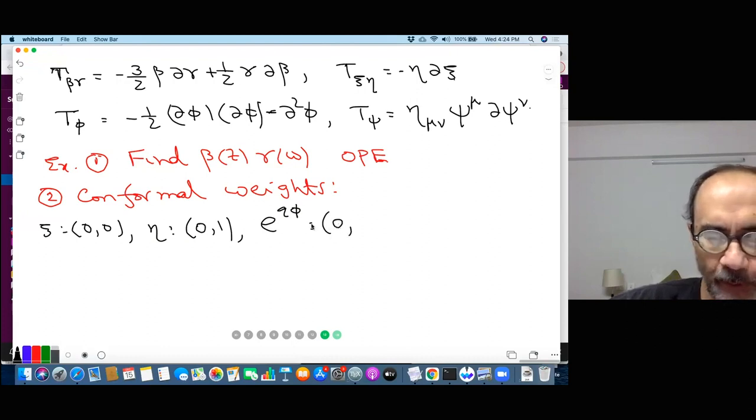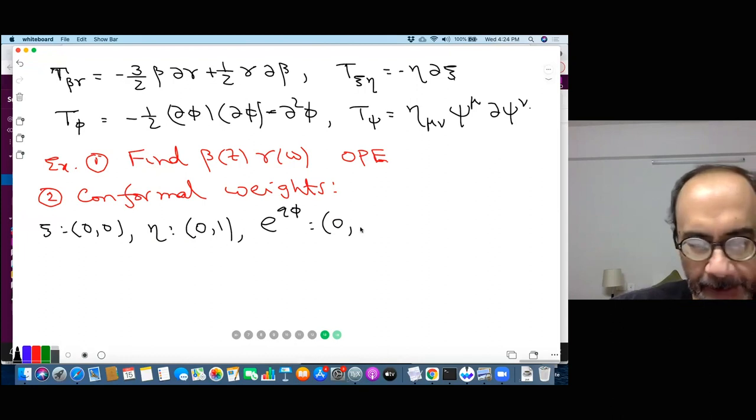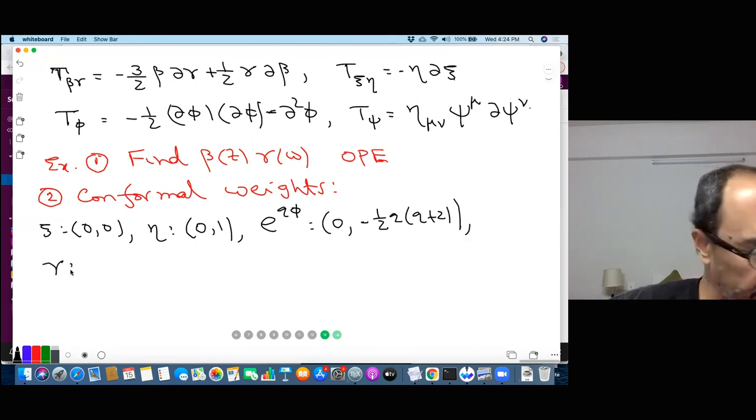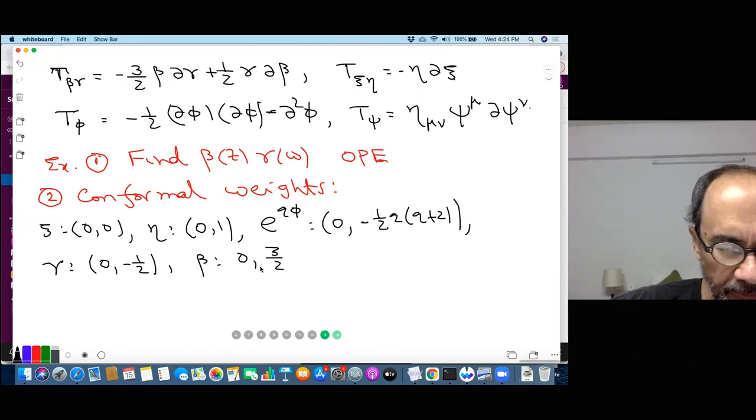The first one is always 0 because they are all holomorphic objects. Gamma is (0, minus half), beta is (0, 3/2), and psi mu is (0, half).